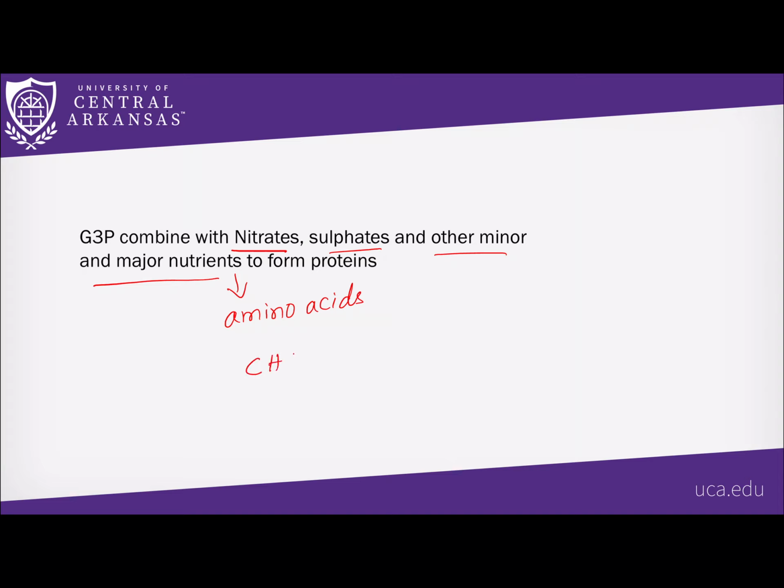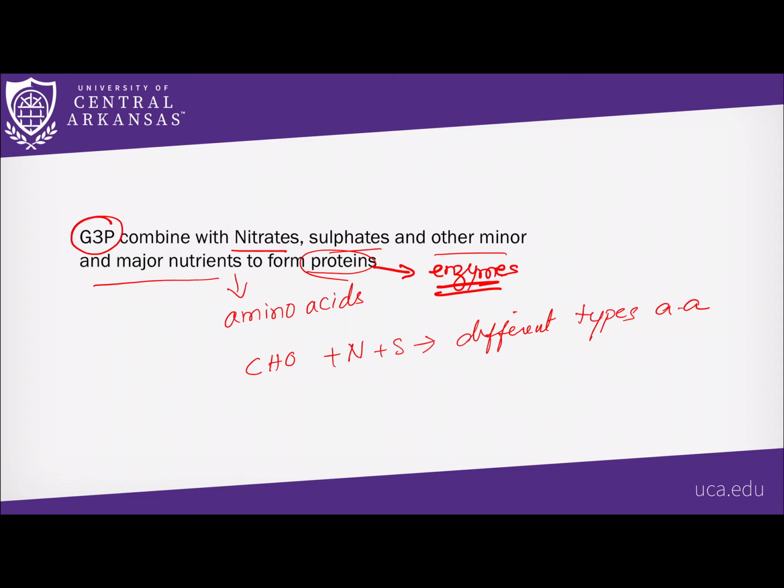So carbohydrates, you add nitrogen and sulfur, you get different types of amino acids, and these amino acids are combined to form proteins, and the proteins, several of them are enzymes which are very, very important, as we know. We have studied this in chapter 1 or 2 somewhere. So the G3P will be the source to make proteins.